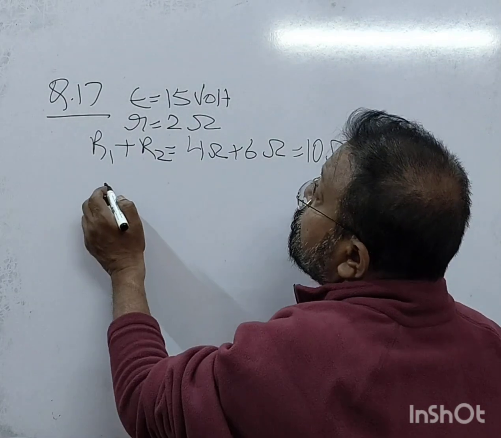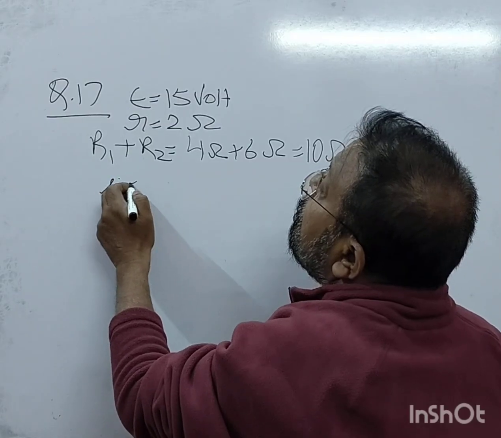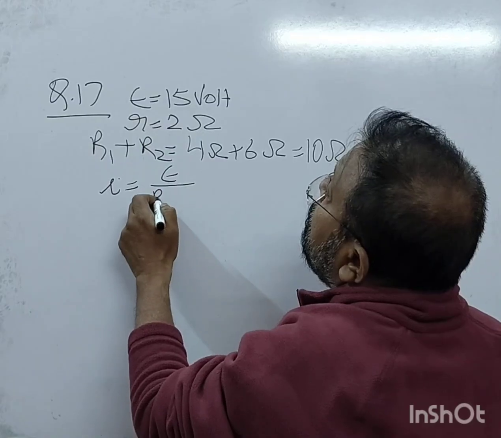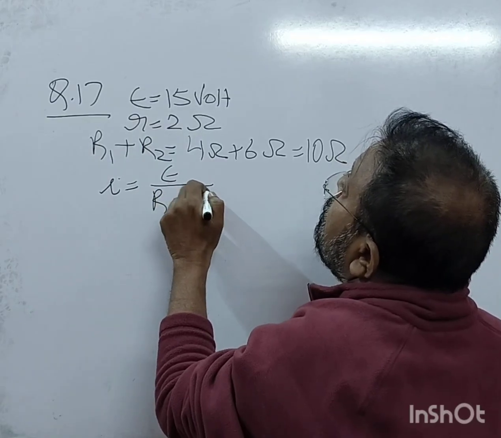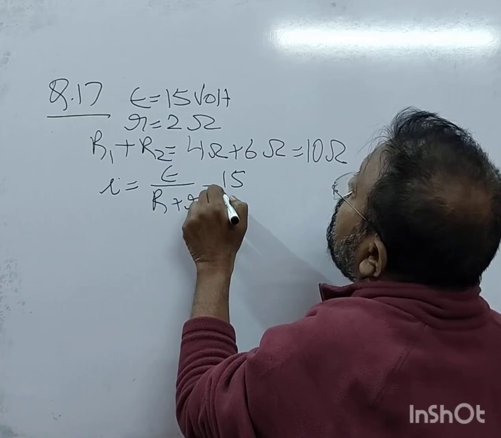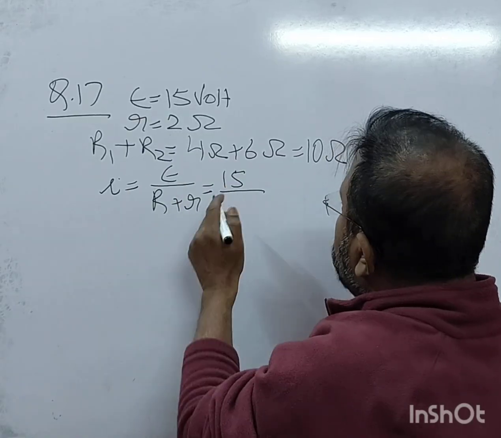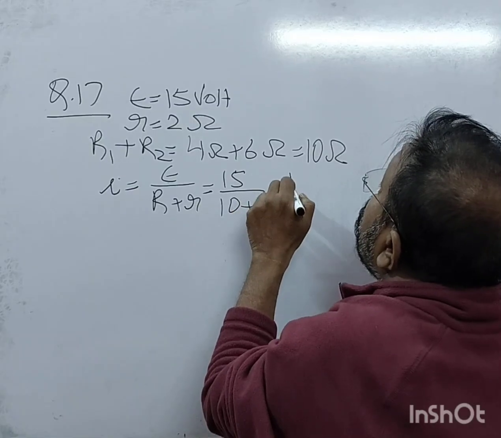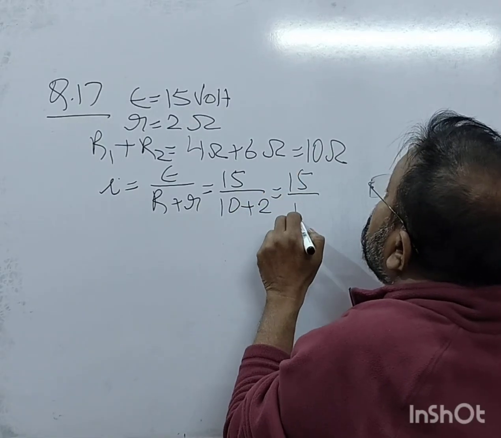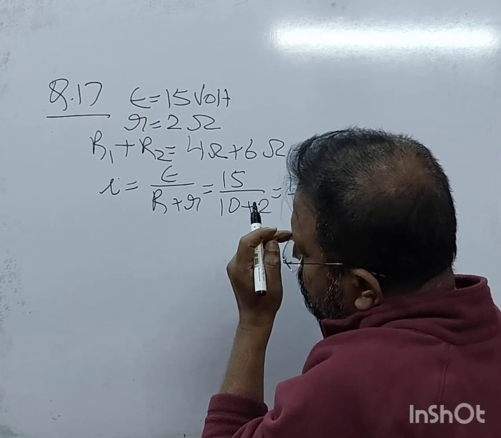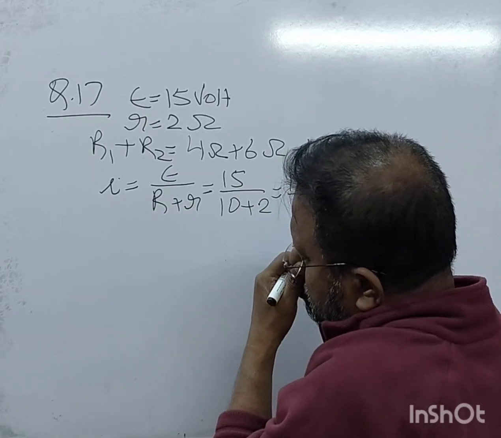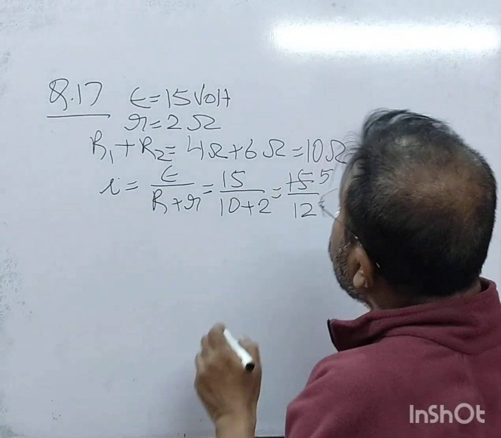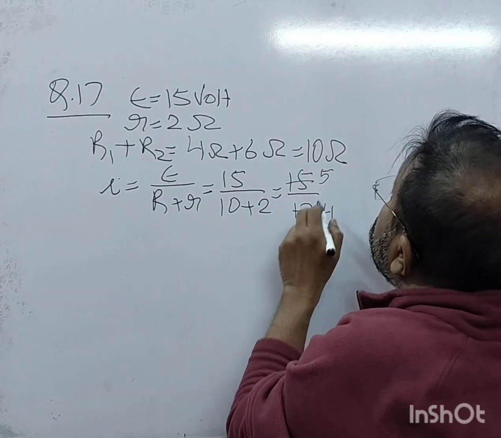EMF दिया गया. So I is equal to epsilon upon capital R plus small r. Epsilon is how much? 15 upon external resistance 10 plus 2. तो 15 डिवाइडेड बाय 12, ये कितना हो गया? 5 times 3 becomes 15, 4 times 12 becomes, right?